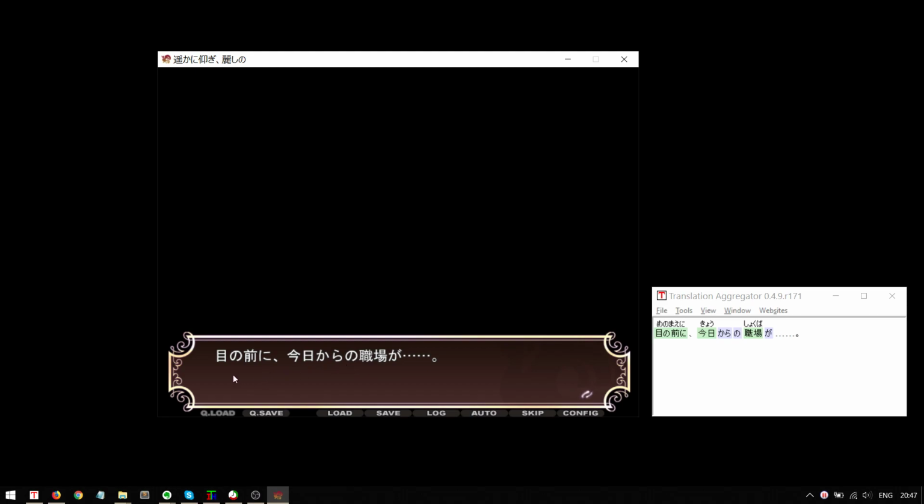And 目の前に is in front of him. So a common question might be, first of all, what is it saying? This is saying that his future workplace is right in front of him. However, you can see that the ga is kind of cut off. Try to figure out what this means.